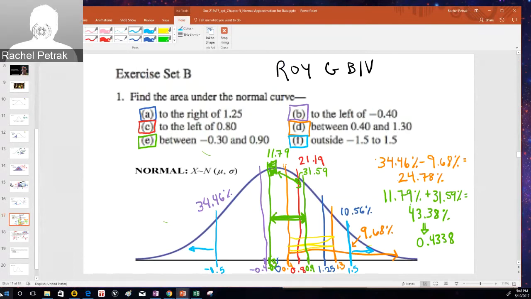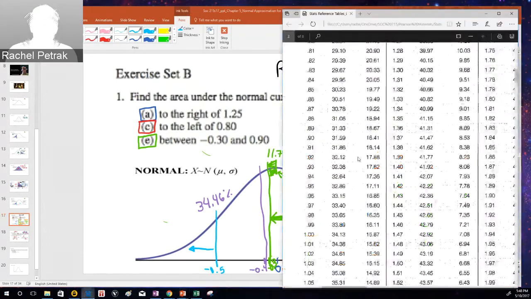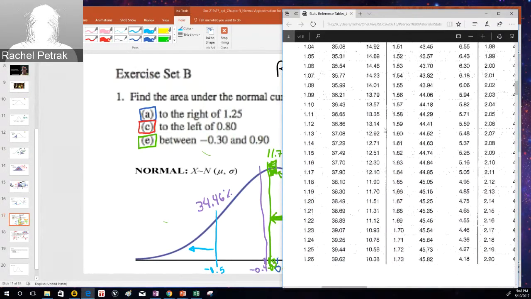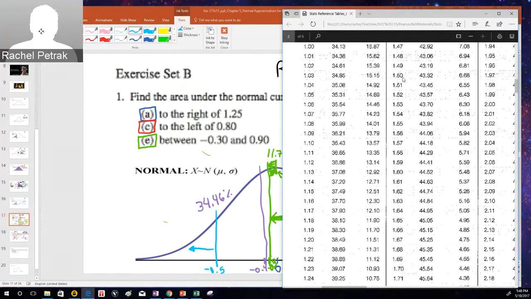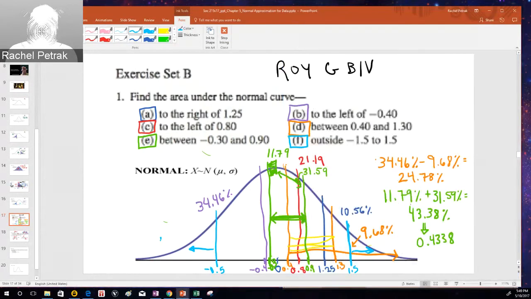So to do that, we'll go to our Z table and find our Z score 1.5. Here it is. And then the area beyond Z is 6.68. I'm looking in column C, and I know that the area beyond Z is 6.68%.